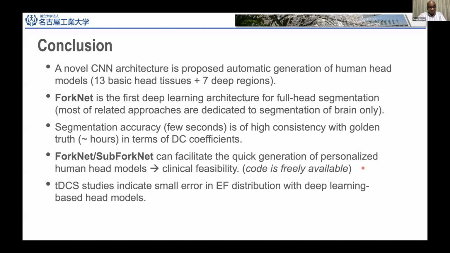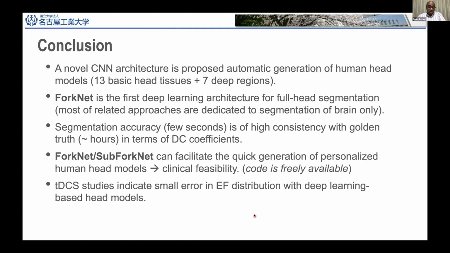Both architectures, ForkNet and Sub-ForkNet, can facilitate the quick generation of personalized human head models. We hope that this leads to more clinical feasibility, so that we can generate a personalized head model immediately at the clinical level. The code is freely available at the GitHub repository I have shown before.